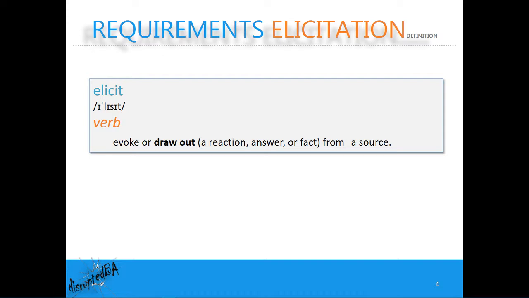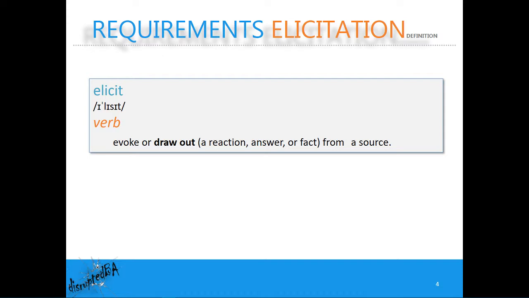People don't usually give up information willingly. It's not because of spite, but because they are not really sure what you're after. So it's your job as a business analyst to guide them and to draw out this information. The second point in this definition, obviously, is that you need to do this from a source.